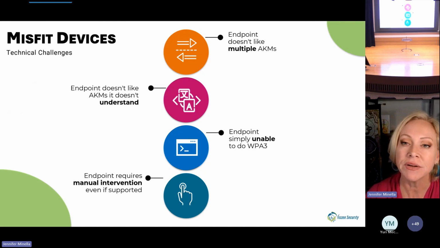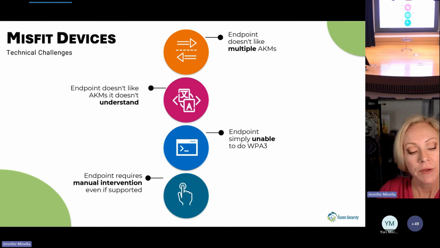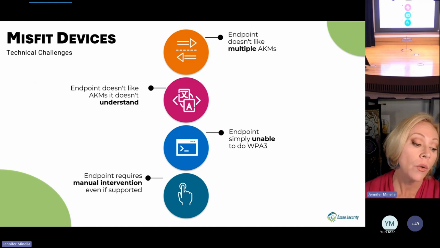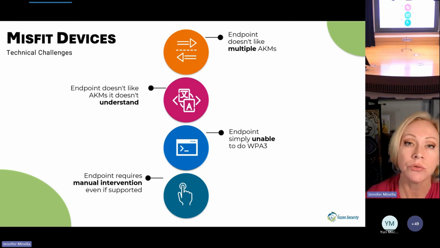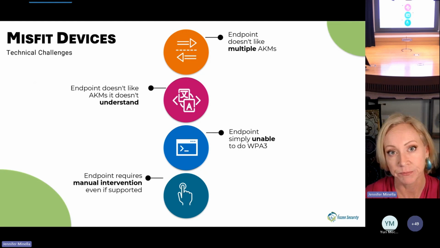So if we're talking about an endpoint on a passphrase network, manual intervention might mean a few different things. It might mean simply that you walk over to the endpoint and you tell it to disconnect and reconnect. That's it. Disconnect, reconnect to this network. Or it might ask you to revalidate the passphrase again.